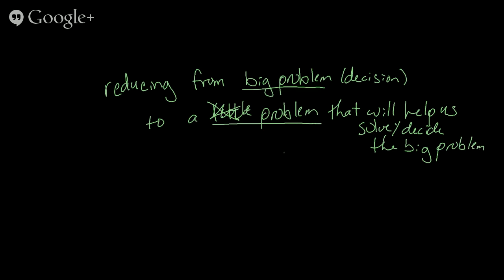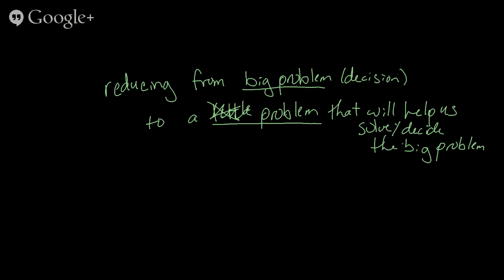So it's not really necessarily the case that the problems that we're reducing to are more simple than the big problem here. It's just that the problem that we're reducing to will help us solve or decide the big problem, which was the same as number 2 when we talked about that in that video.